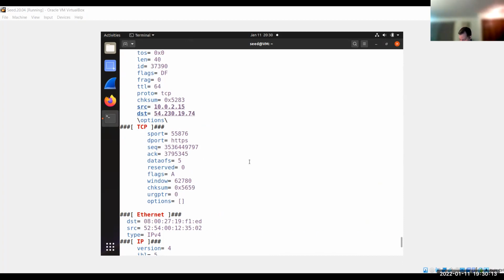We'll be able to write our own programs so that we can build either attacks or defenses. We just have to think, what family of attacks do we want to do, and then craft the packets accordingly. Or if we're on the defense side, we also want to do that.